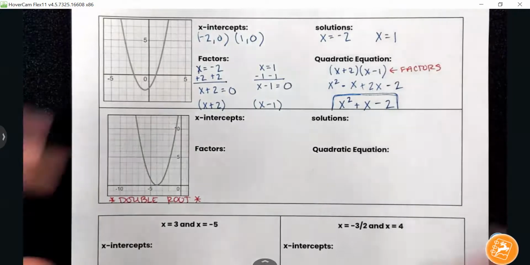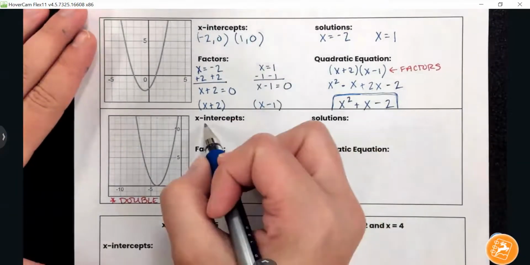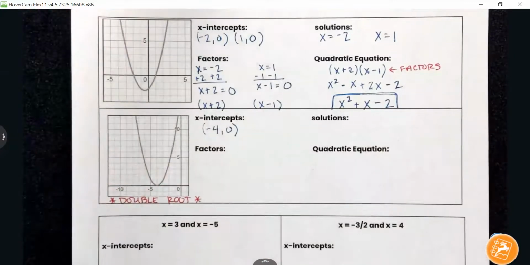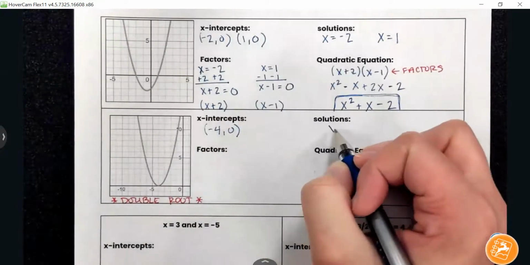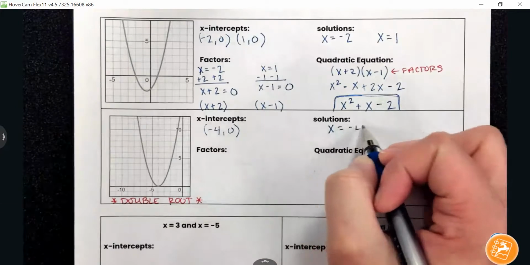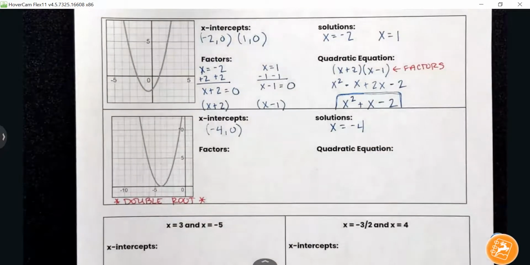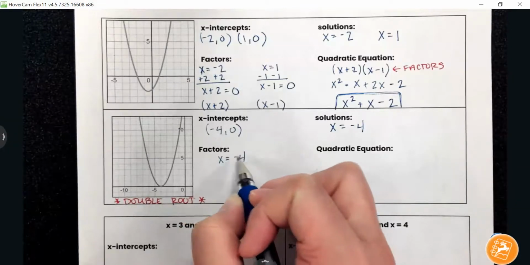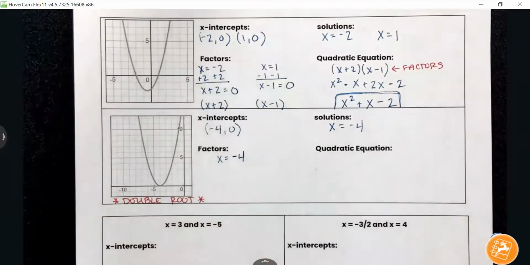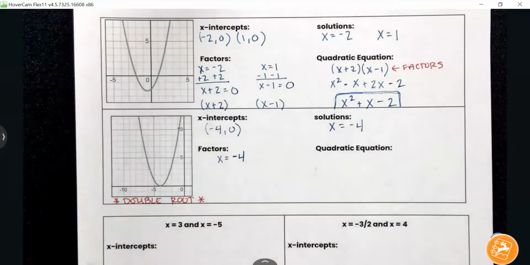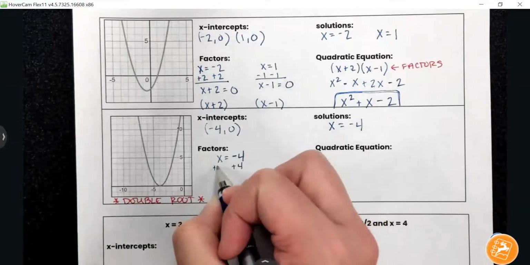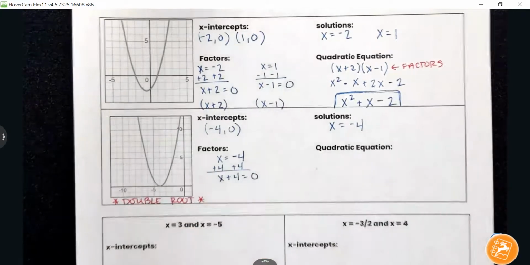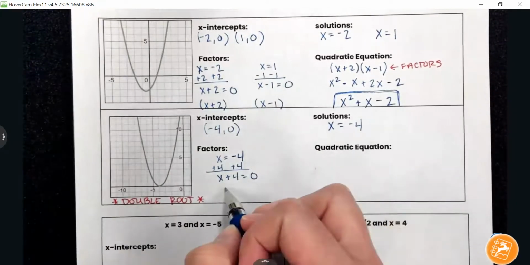So what is my x-intercept? -4, 0. Very good. What is my solution? X equals -4. Find your factor by moving your -4. So what is my factor?